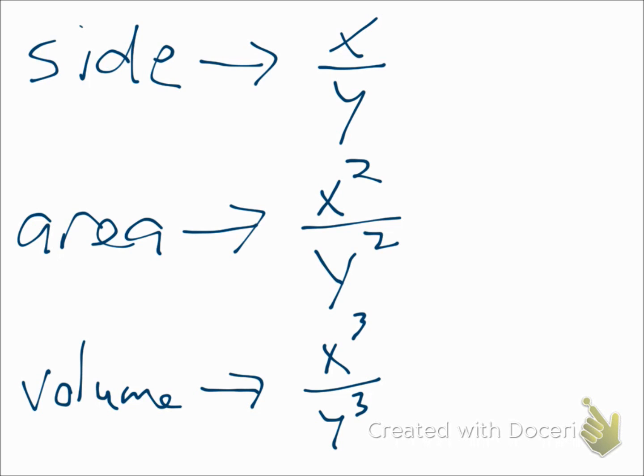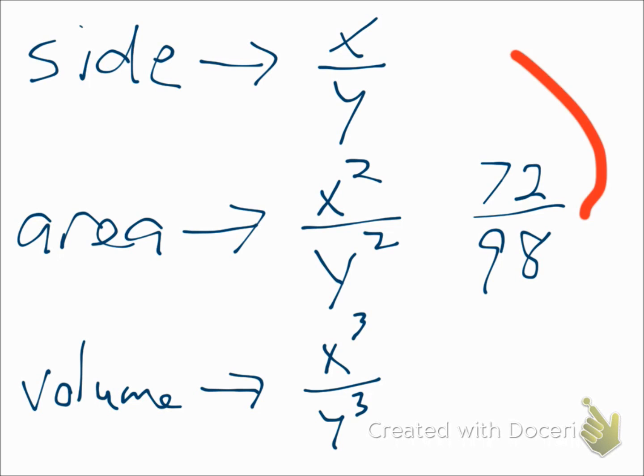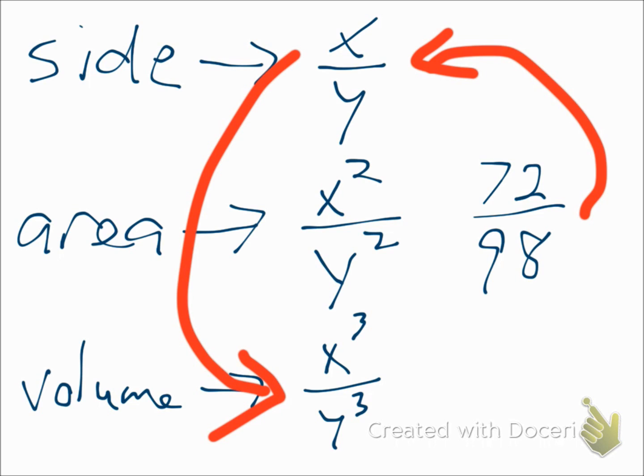The numbers we have right now are for area, which is 72 over 98. That's going to correspond with x squared over y squared. I need to find out what x and y are, which will take me back to the original ratio. And once I get x and y, I will then cube each of those numbers to take me to the finish of the volume ratio.